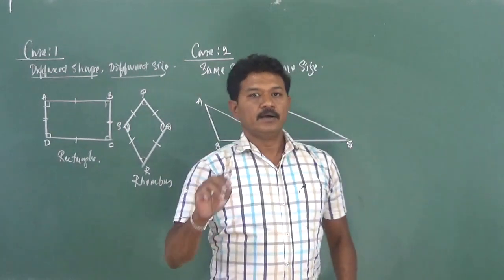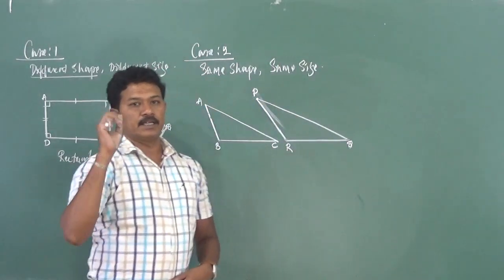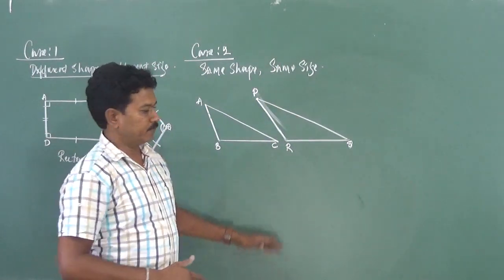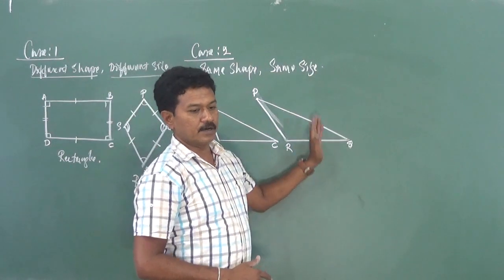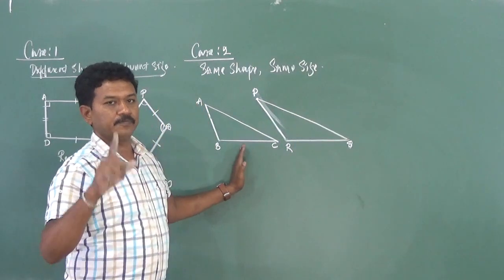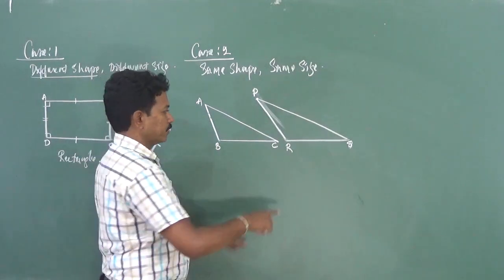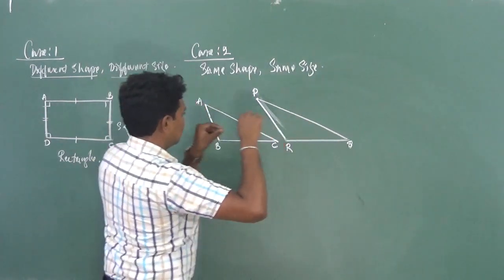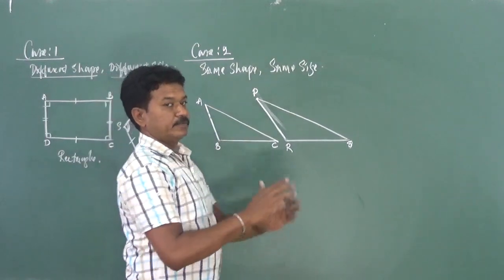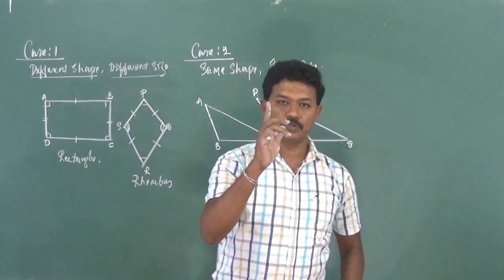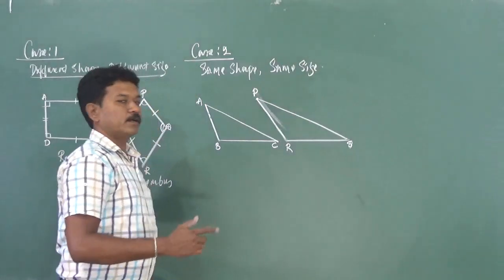So without bending, twisting, enlarging or squeezing, if they fit exactly, that's called superposition. If you superimpose and they fit exactly, then those two geometrical figures are said to be congruent.